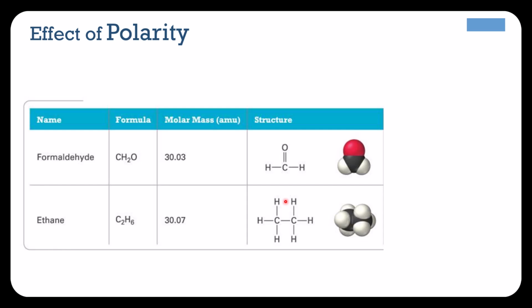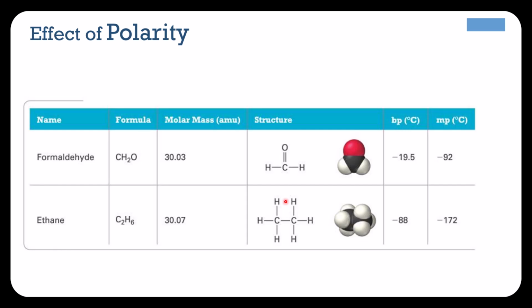Okay. What we're going to do in the next series of videos is we're going to apply this to properties that we see. But one of the ways that I can confirm that statement that I just made is through the boiling point and melting point. So I see that formaldehyde has a much higher boiling point, so it's closer to 0.